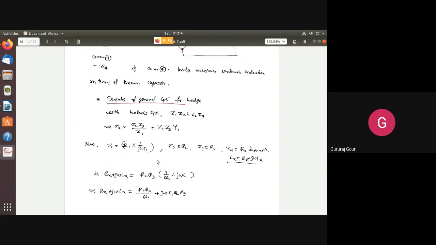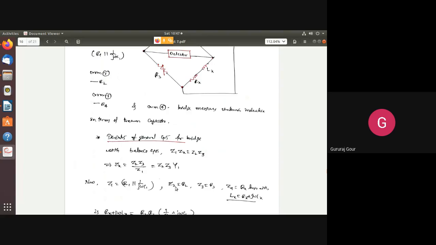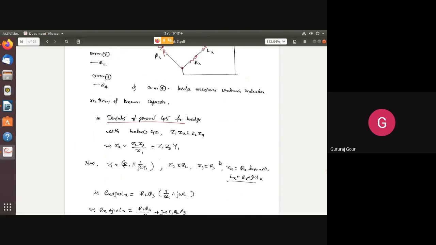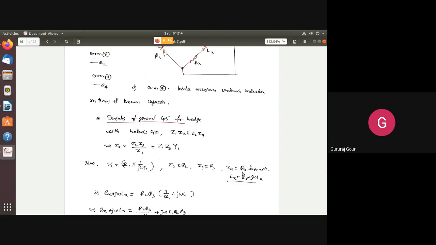Similarly, we can write Z1 as R1 in parallel with 1 by j omega C1. Z2 equal to R2, Z3 equal to R3 and Z4 equal to Rx in series with Lx, so we can write it as Rx plus j omega Lx.